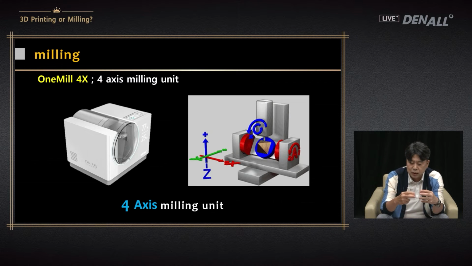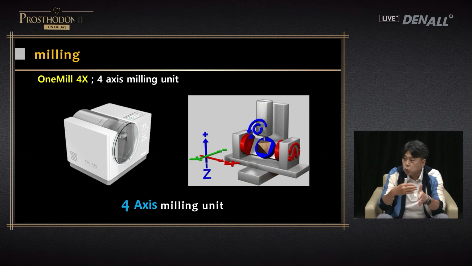If it is a plane, X and Y axes, and for a 3-dimensional object, 3 axes, X, Y, and Z are needed. You can create a pyramid or something without undercut. You can make it with 3 axes.